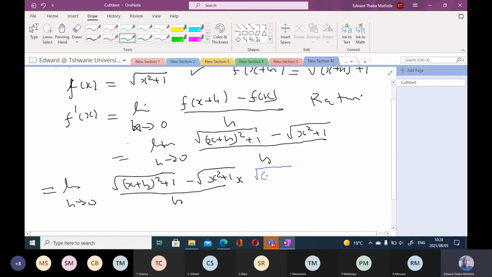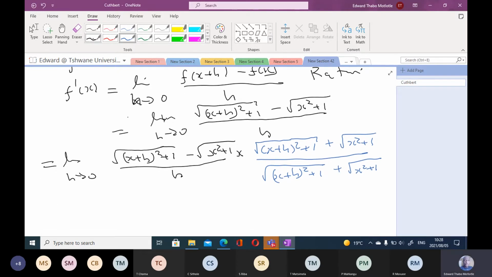The conjugate is the square root of (x plus h) squared plus 1 plus the square root of x squared plus 1, over the same thing.